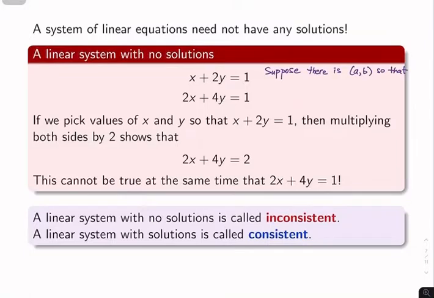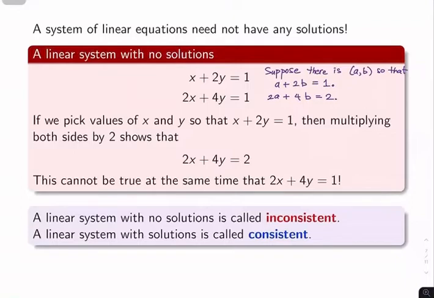In particular, a and b must be a solution to the first equation, so a plus 2 times b is equal to 1. And a and b are just numbers, so I can multiply both sides by 2. So I have 2a plus 4b is equal to 2.